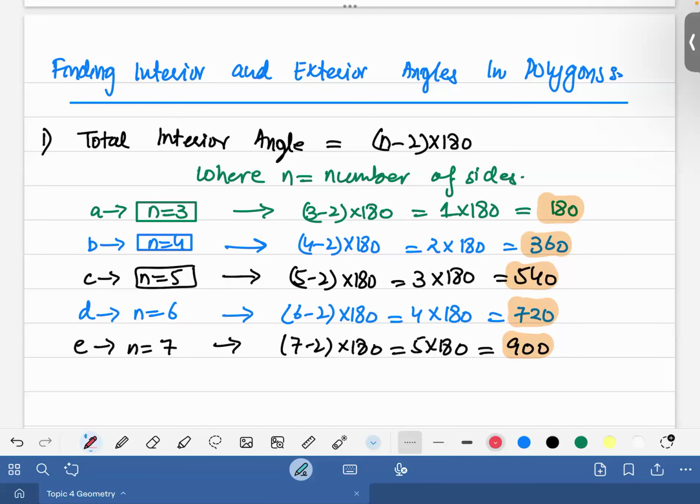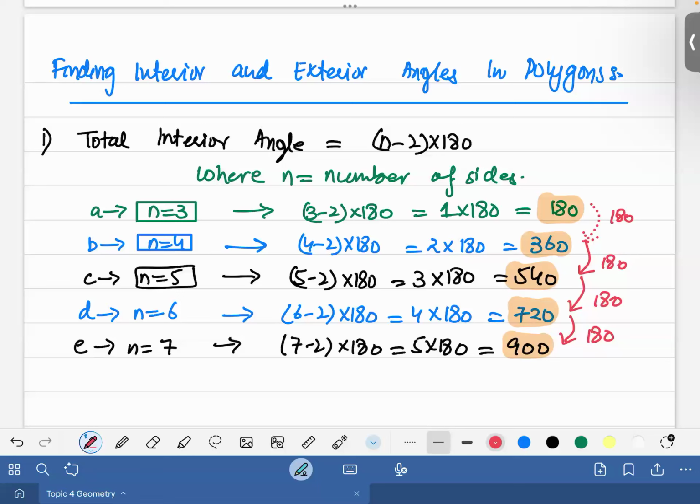You can see that they are just adding 180 at every step. Agree or not? If you add 180, you get the total interior angle of the next shape. Understood, everybody? And do you know what's the reason behind that?